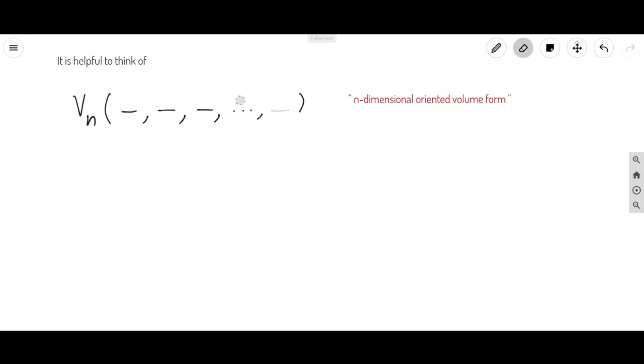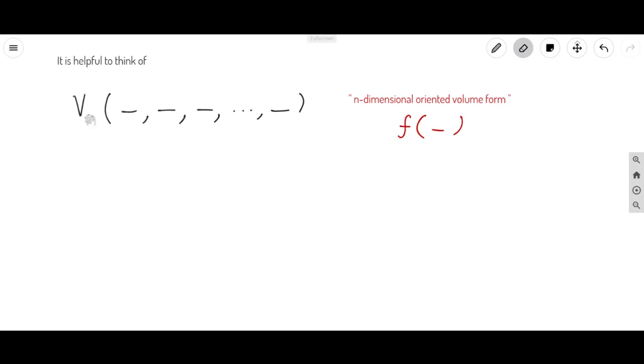You see, you have n inputs over here, but it's a little bit complicated, because when we write a linear function f, there's only one input. We're putting in a single input, but the input we're putting into our linear function is a vector.